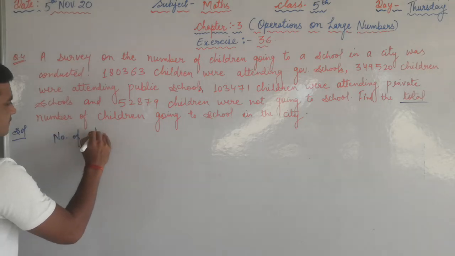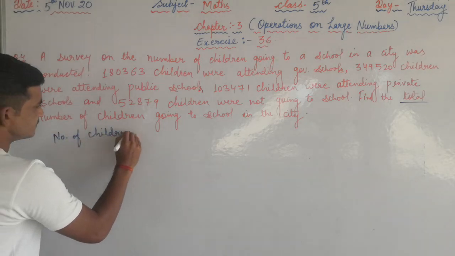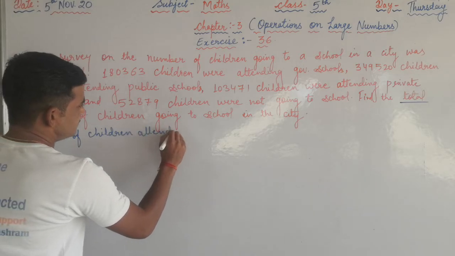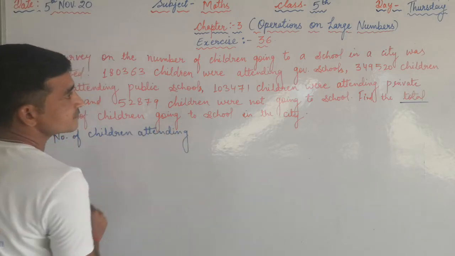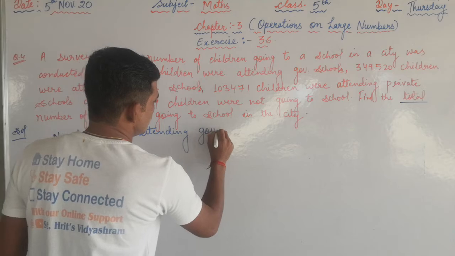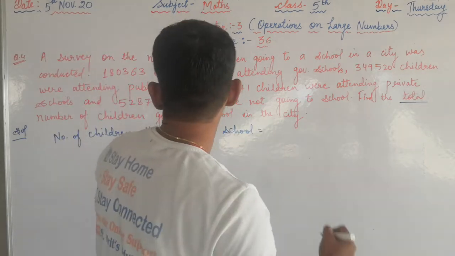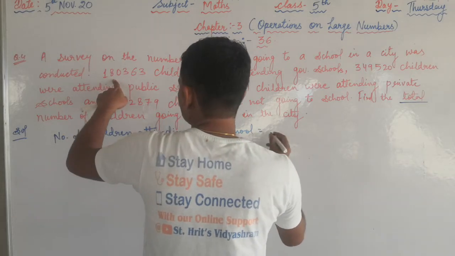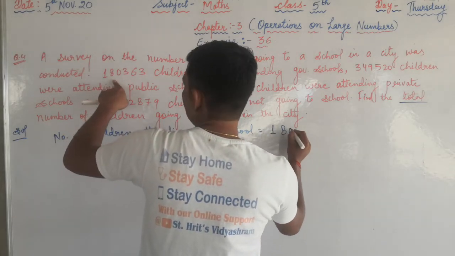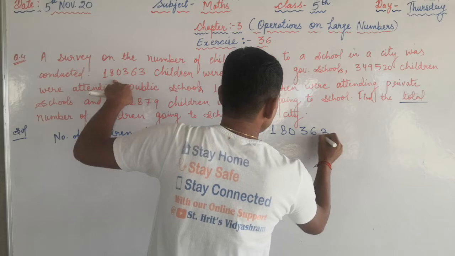Number of children attending government school equals this data: 1,80,363.